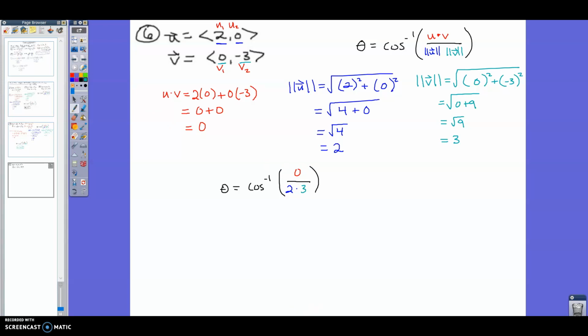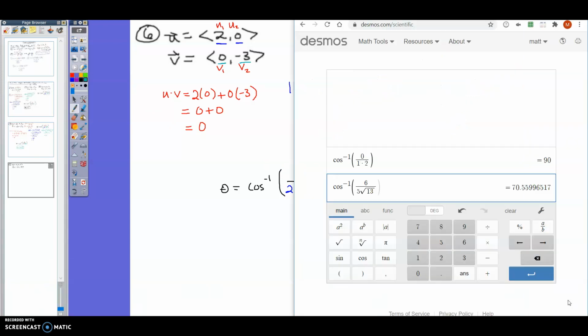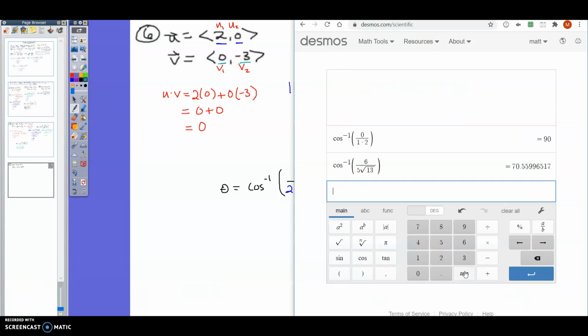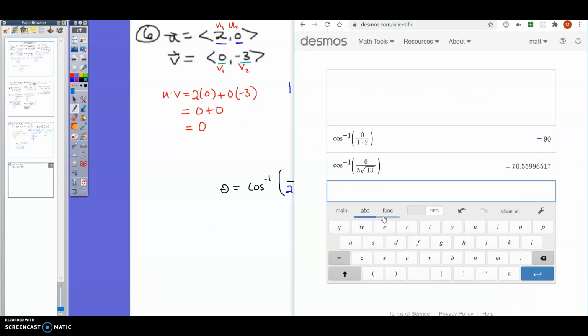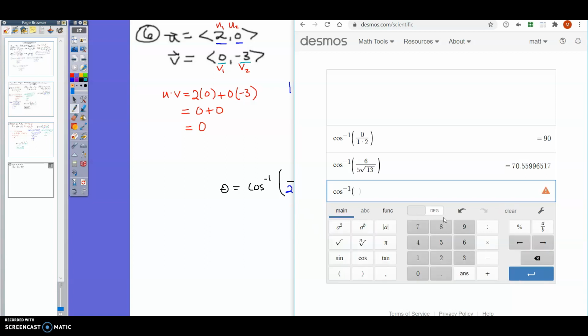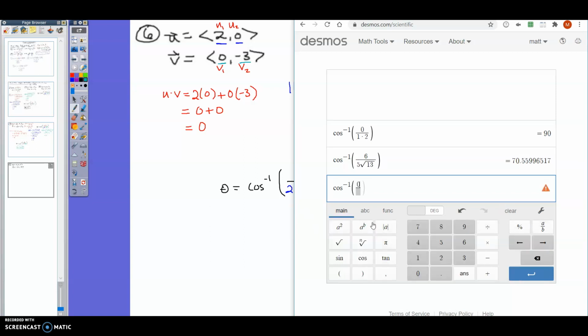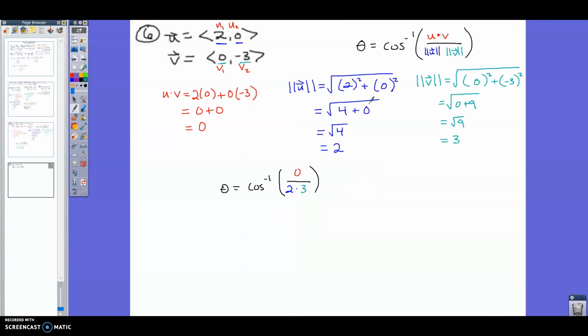So we're going to type all of that into the calculator at once. So we get 90 degrees again. So our angle here is 90 degrees.